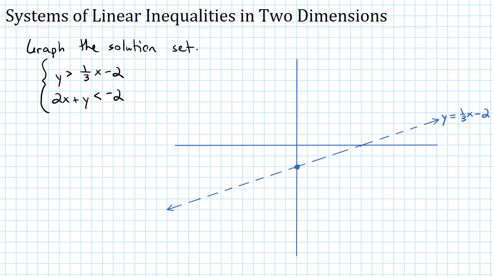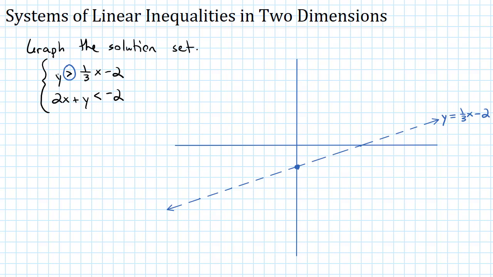Now, the other thing I recommend that you do is you talk about, because this is an inequality, we have to shade one side of this line, and so for the system, we have to shade the overlap of those two regions. So we're not going to really shade anything until the end. So we might keep track of where to shade for each of these independently.